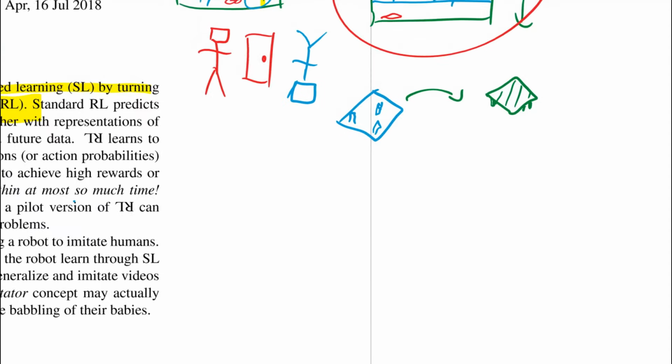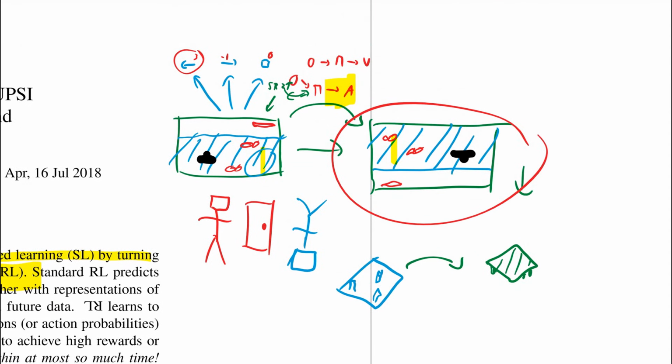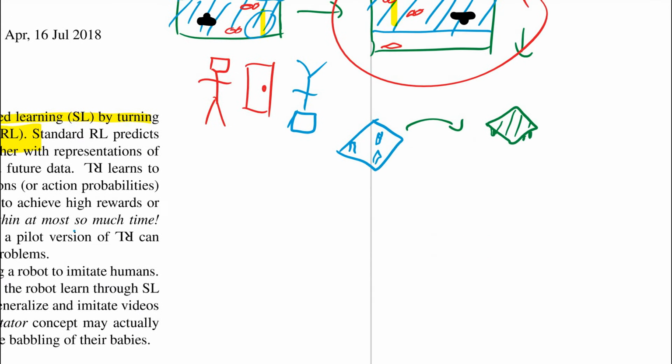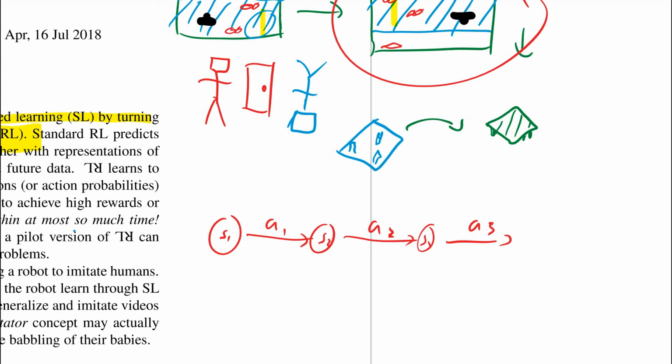Say you have a method of moving in the world and collecting traces, right? So you go from state 1, state 2, state 3. You go with action 1, action 2. Let's draw action 3 to state 4. And in each of these you get rewards, right?